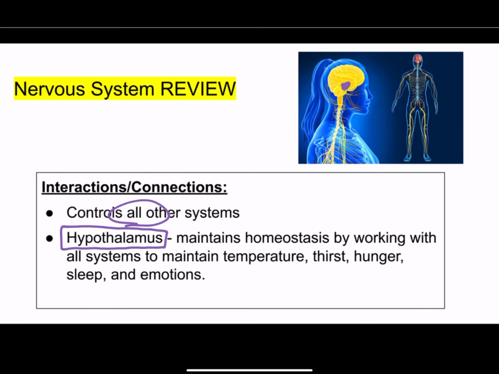So those neurotransmitters that actually carry the signal through the nervous system, it's the hypothalamus that's sending those signals. And they will send those signals if they receive a signal that your body's out of temperature, it's thirsty, it's hungry, it needs sleep, or any type of emotion, it will send these different signals.